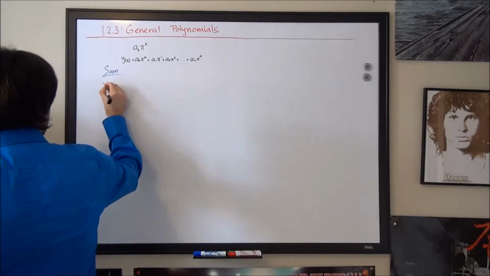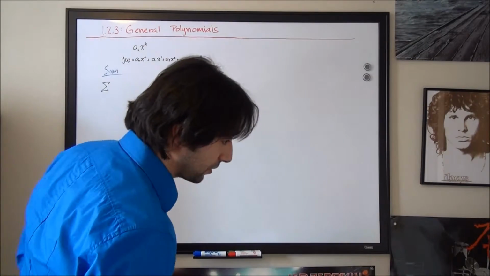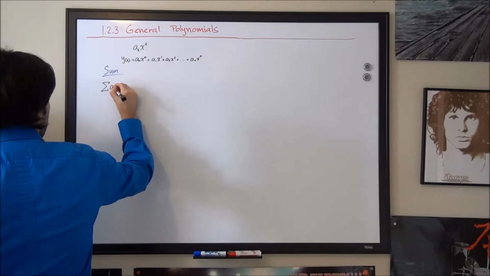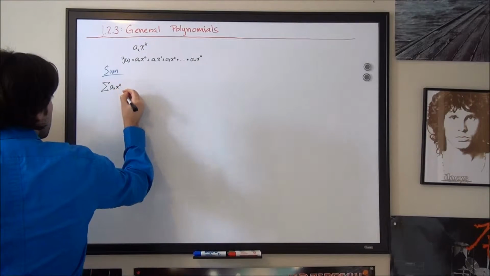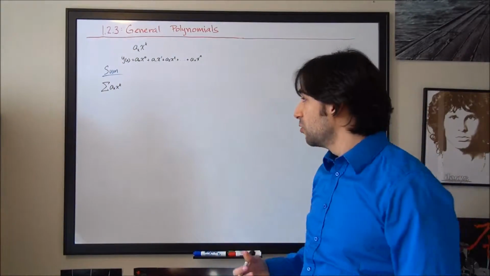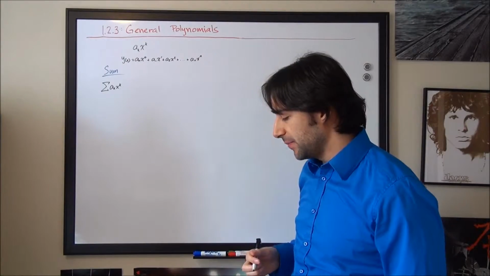It's a Greek letter that looks like a fancy E, to mean a sum of terms. And we're going to write the general format of each term. But we need to also in some way express what each term will be, what makes it unique, and how many terms there will be.